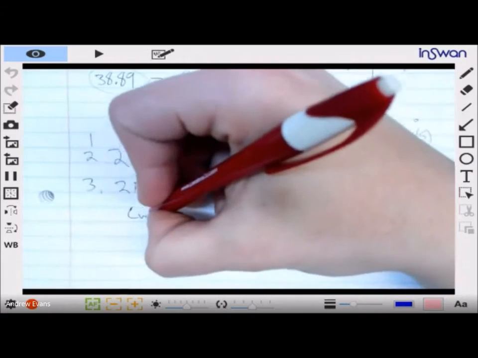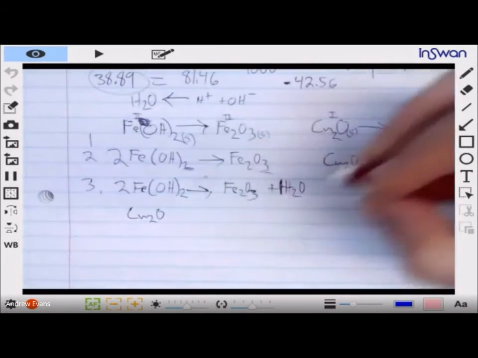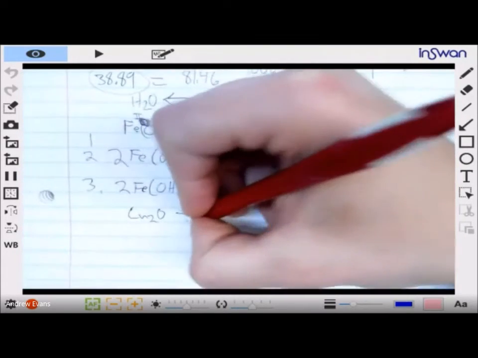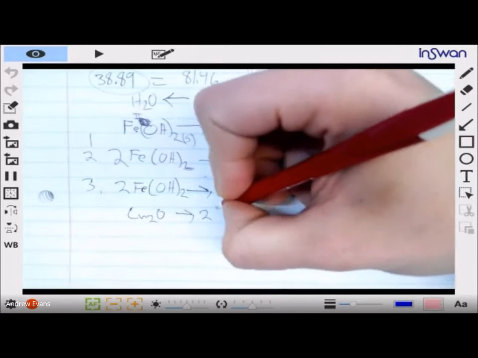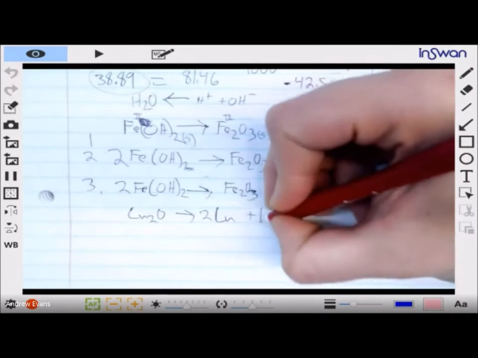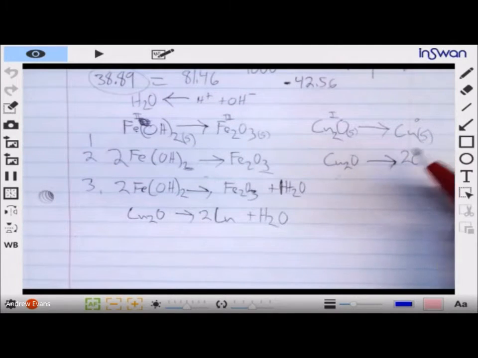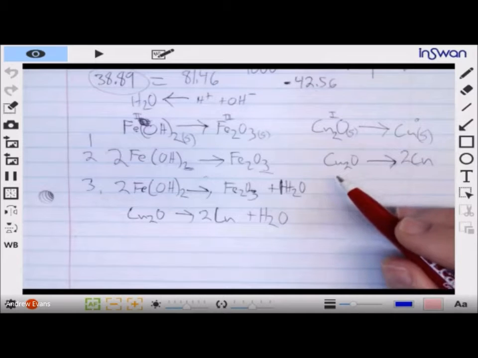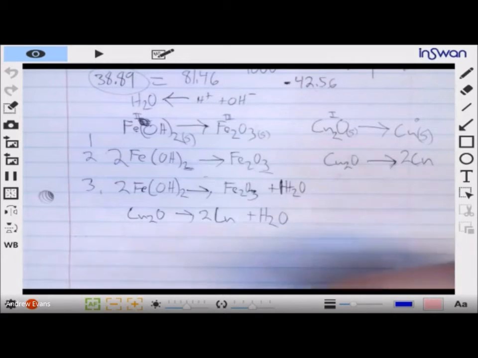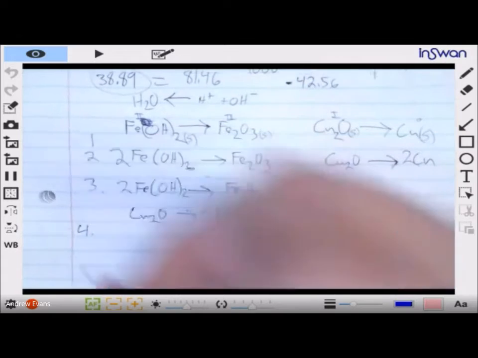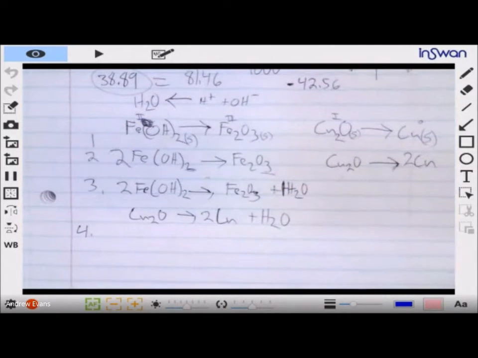For the copper situation, I have to just simply add a water on the right side. Now, with this in mind, step 4, even if it's in basic situation, even if it's in base, we need to add hydrogen.